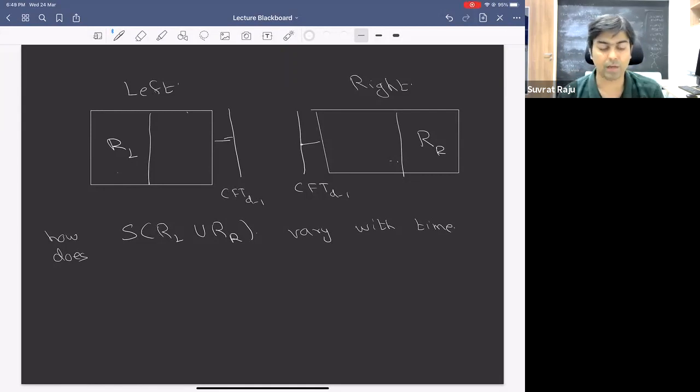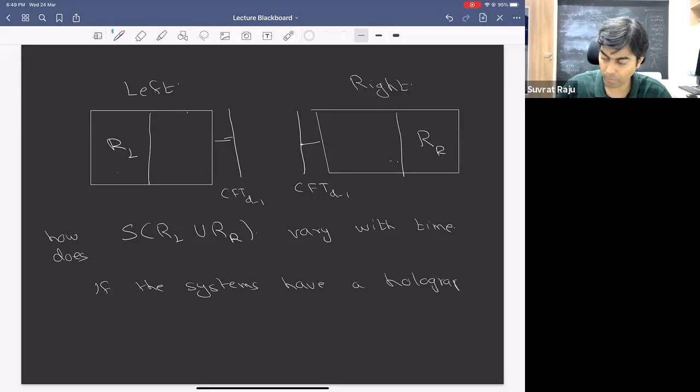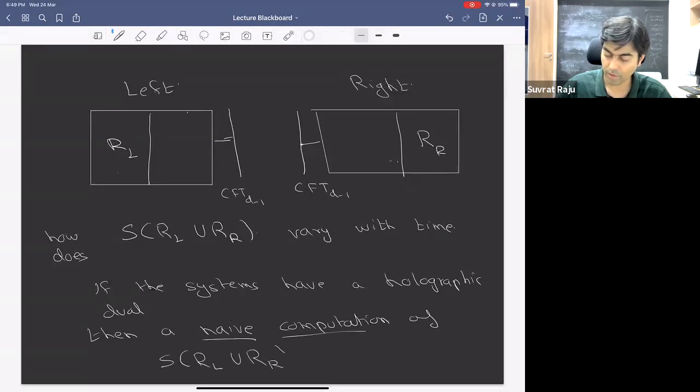Now, the paradox that we are going to encounter today is this: if this entire system, as I described previously, has a holographic dual, and this is precisely of the kind we discussed, then a naive computation of SL of this quantity we've written may grow in a way that is unbounded with time.